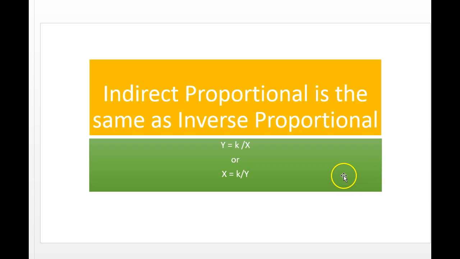Indirect proportionality or indirectly proportional is the same as inversely proportional. Okay, indirect proportional is the same as inverse proportional, and the equations are given by y is equal to some constant value k divided by x, or x is equal to some value k divided by y.